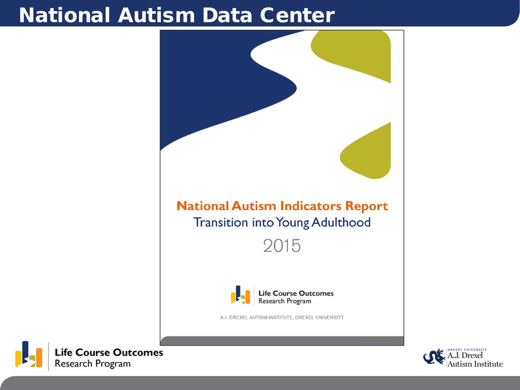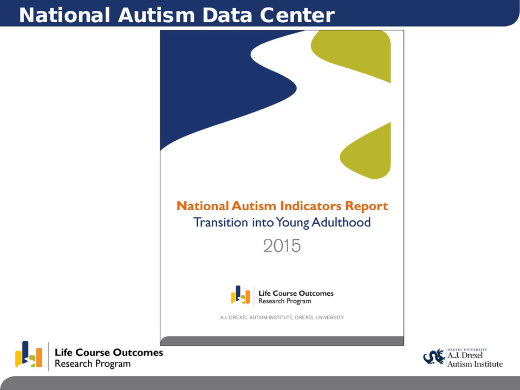Our first National Indicators report came out in 2015 and focused on the theme of the transition to adulthood. We drew information from a couple of national surveys. There was a national survey of teens who at the beginning of the survey were enrolled in high school special education services. This national survey then followed that group for almost 10 years and gathered information along the way right up into their mid-20s about how life was turning out after high school.